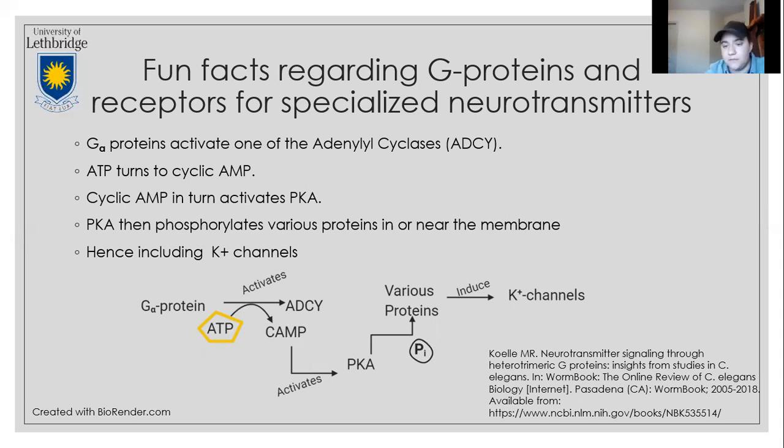And the protein kinase A is then going to phosphorylate a number of various proteins in or nearby the membrane, and that is going to induce potassium channels to close when they're phosphorylated, and they're going to leave the membrane more liable to depolarization.